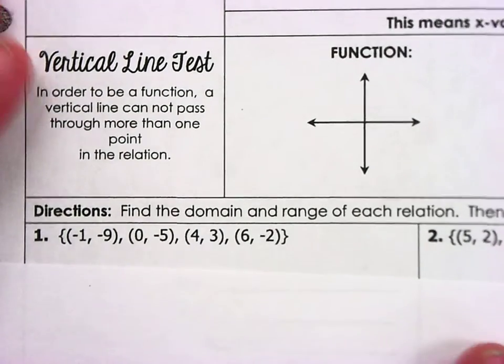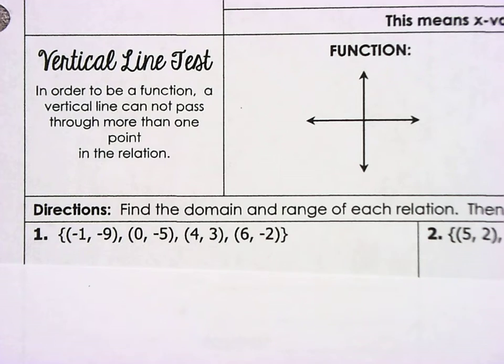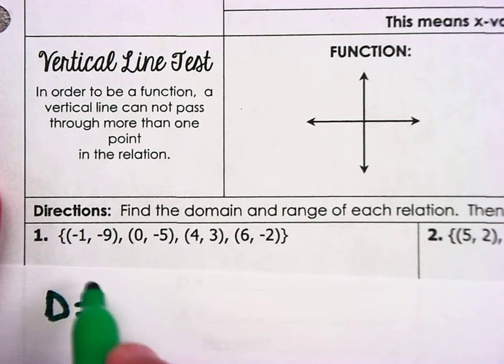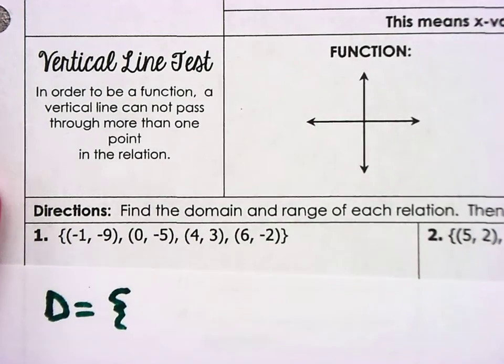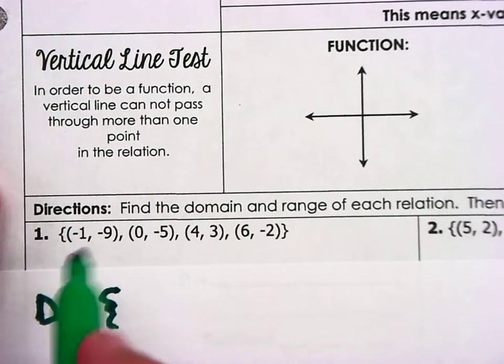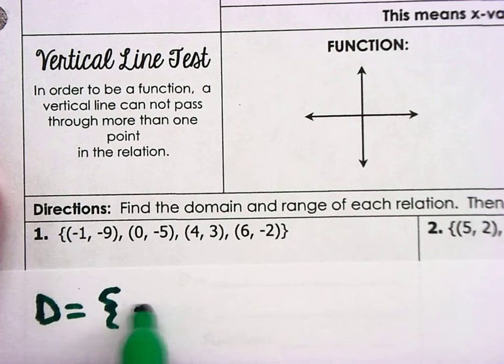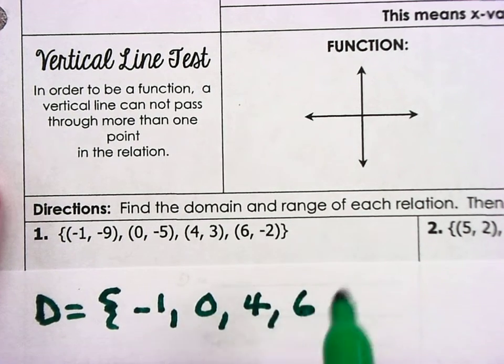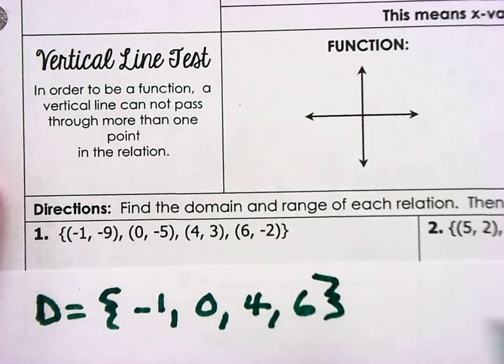Are you ready? So the first thing I want is the domain. All right, D is domain. It's all of your X values. So all you're going to do is call out all of your first values. So the domain: -1, 0, 4, 6. If you're finding this easy, awesome.